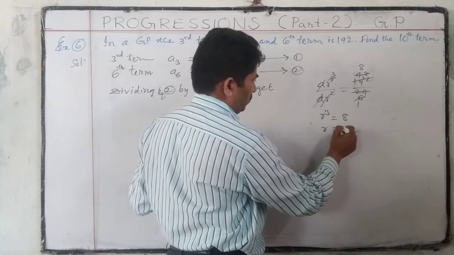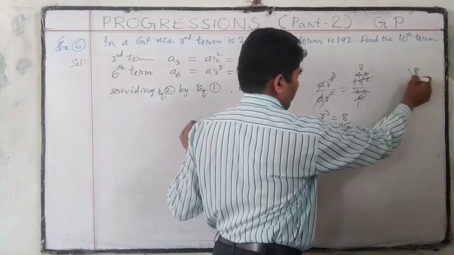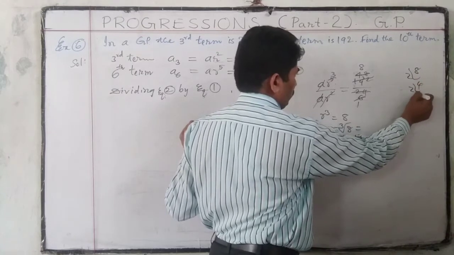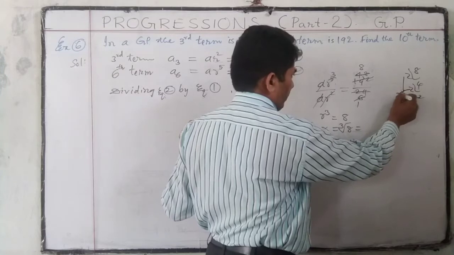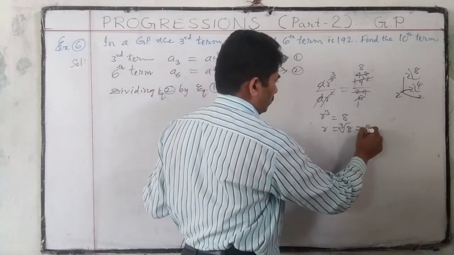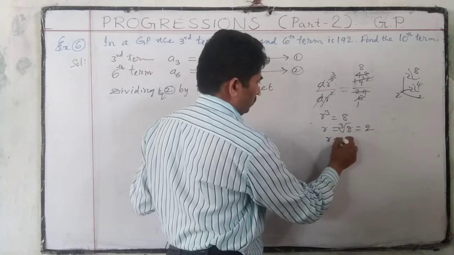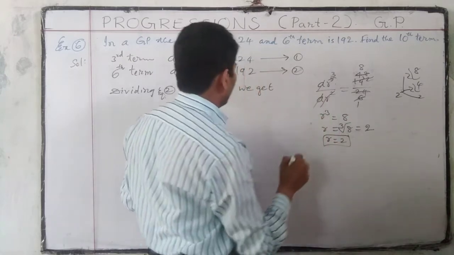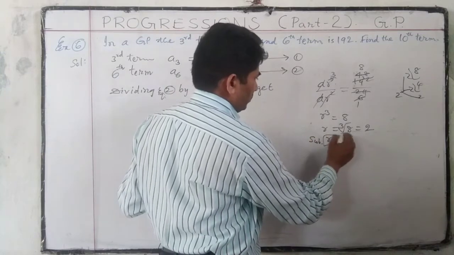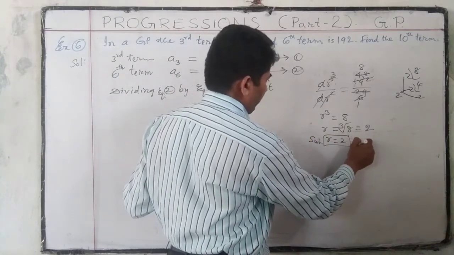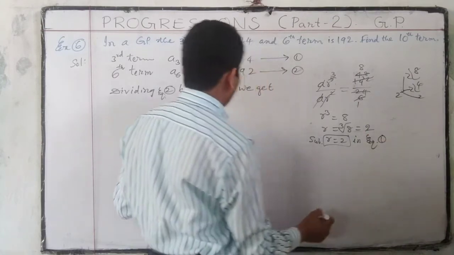R is equal to third root of 8, which is 2. So R is equal to 2. Substitute R is equal to 2 in equation 1.